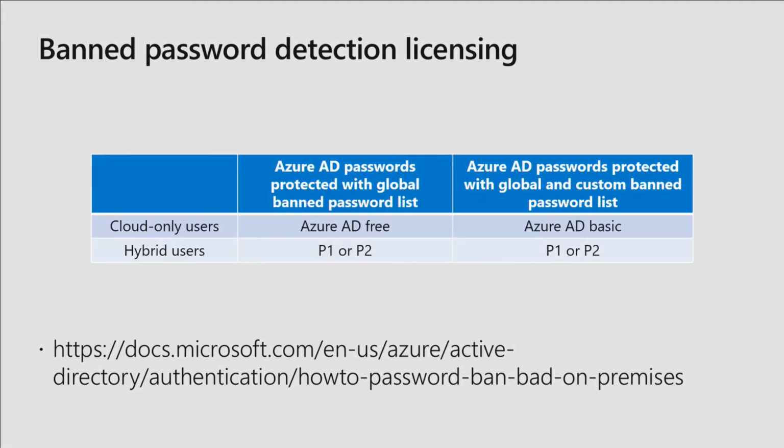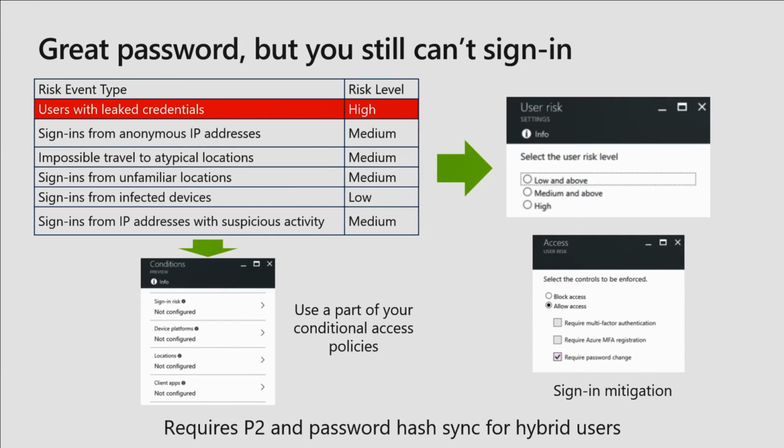And then you might have a most wonderful password, but you might still get blocked. The reason you might still get blocked is that wonderful password has been detected as part of leaked credentials, and you could be flagged with leaked credentials as high risk.